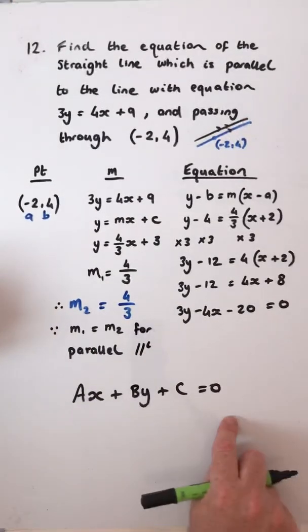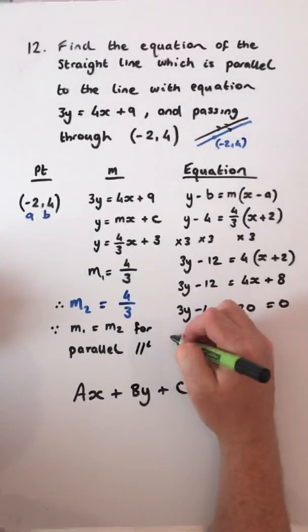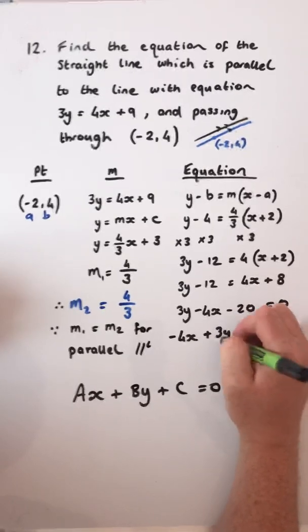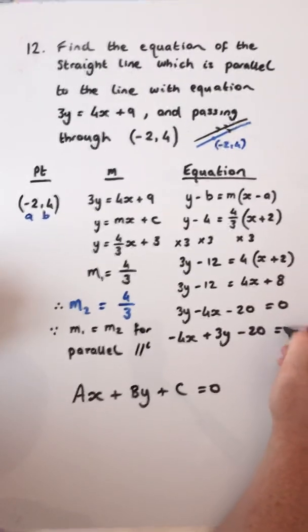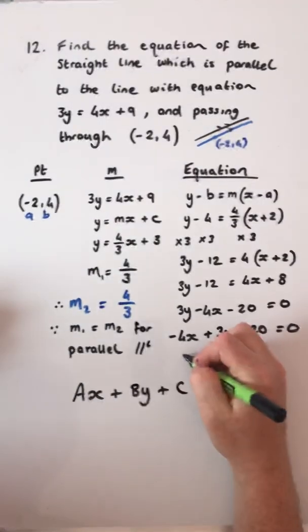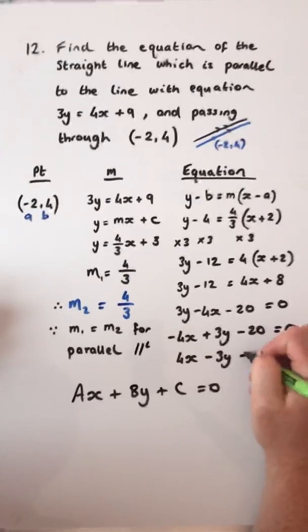It might not be in this form, but it's a suitable solution. If we wanted this form here, then we can do this, just reordering it. If you wanted that to be positive, you would multiply through by -1.